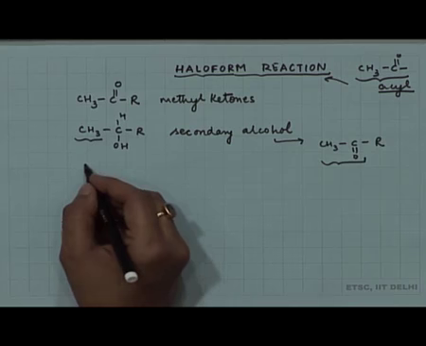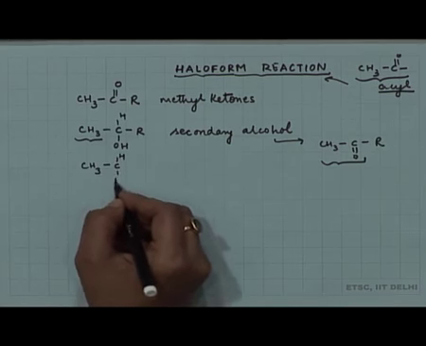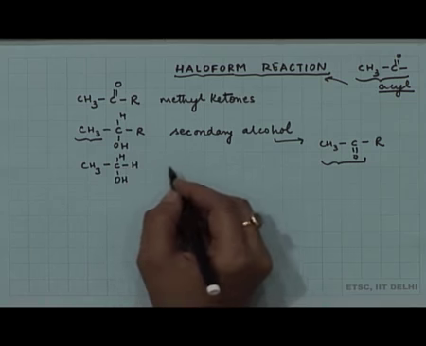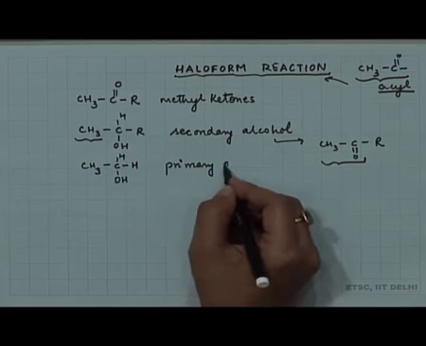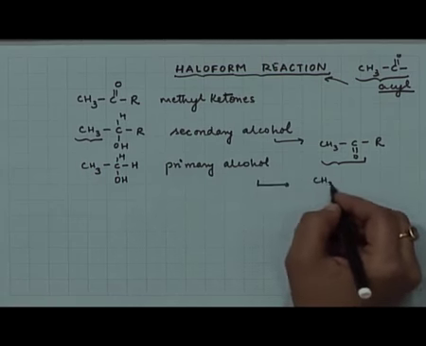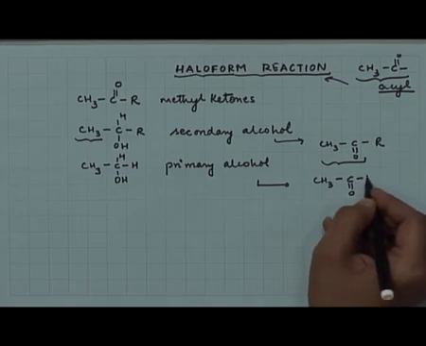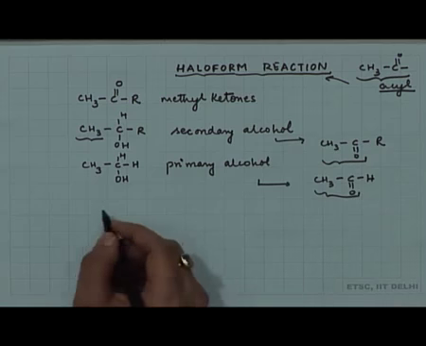You can also have primary alcohols, which again during the reaction are able to furnish acetaldehyde or ethanol, which again has the CH3CO unit.